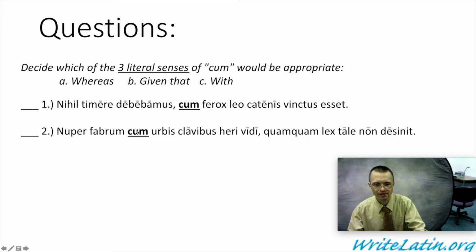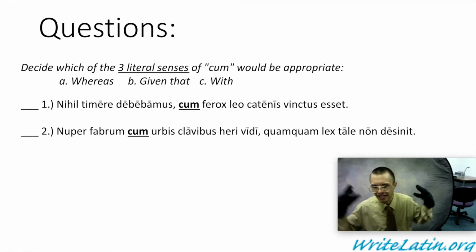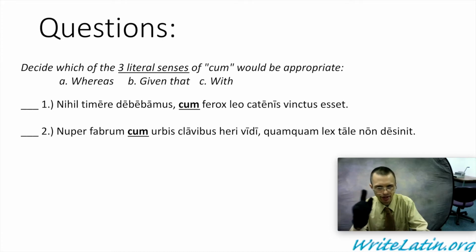Well, in this case, it's actually cum clavibus, just the phrase, with the keys of the city. So this is not a cum clause at all. This is just your old meaning of cum as with. So watch out for this. Cum might not always be introducing a whole clause. It might just be introducing a tiny little phrase inside of a clause. And that's not a cum clause.